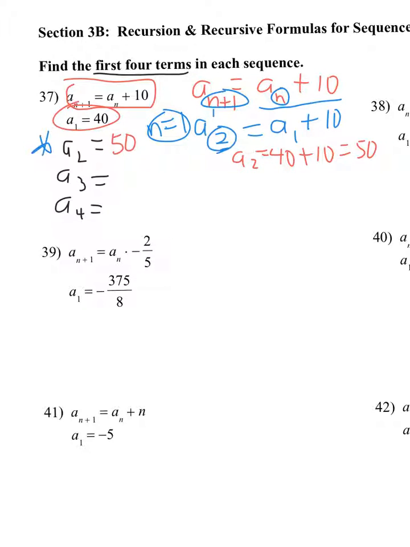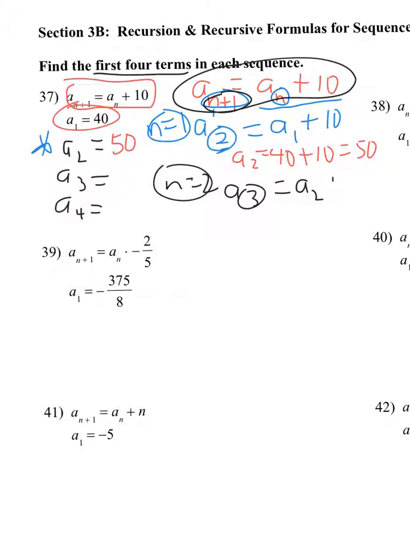Next one I want to find is A3. Now I'll go back to this recursive formula. If I want to find 3, what would give me a 3 right down here in the subscript? What n plus 1 has to equal 3? So n is going to equal 2 here. So I'm going to go here and I'm going to say A with a subscript of n. Well, n is 2. So A2 and add 10. Well, A2 was 50. It was the last term we found. We're going to add 10. So that's 60. Now you can start to see the pattern here.